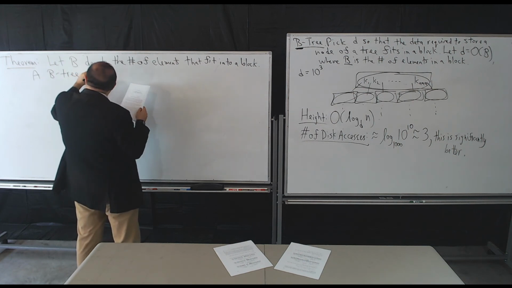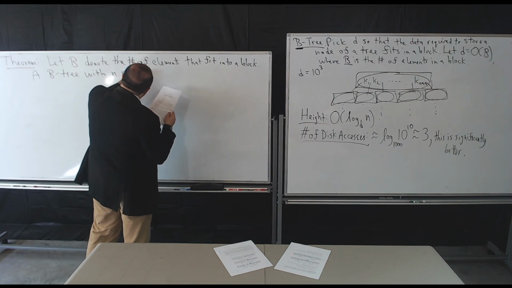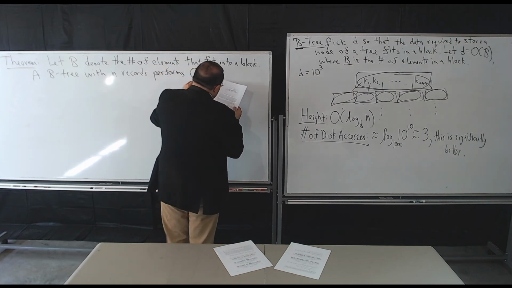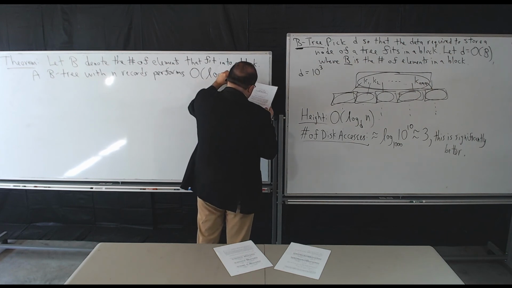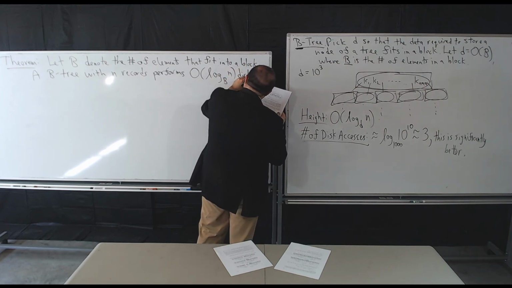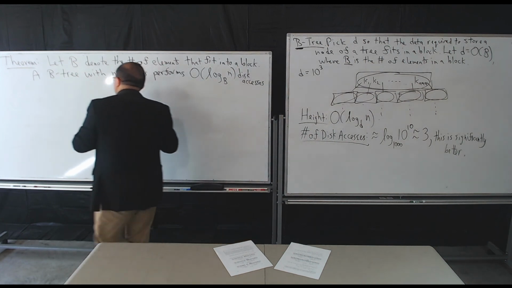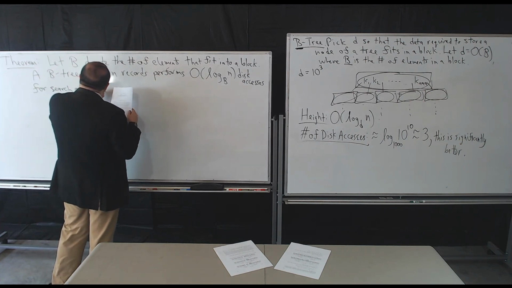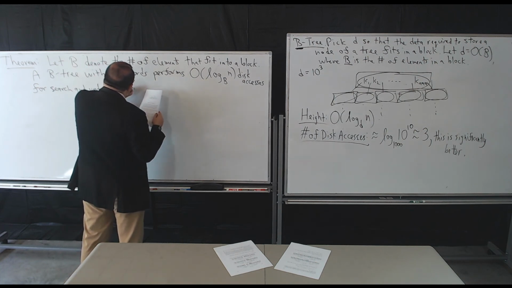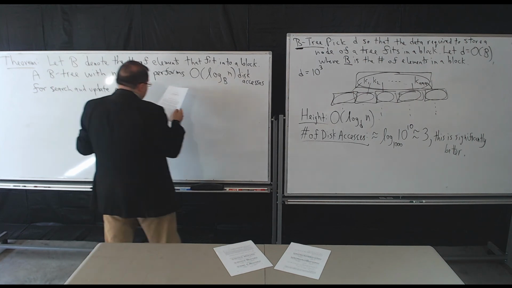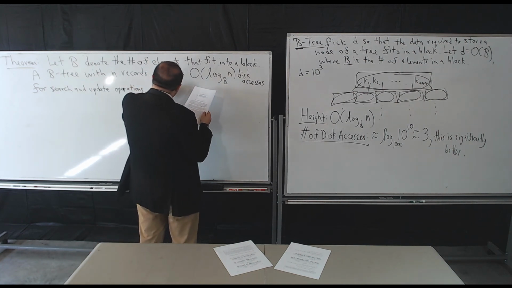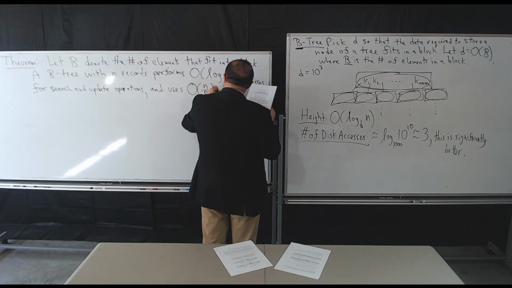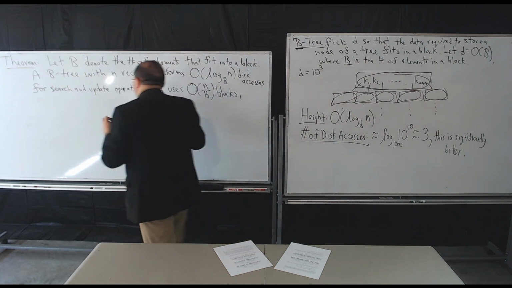A B tree with n records performs big O of log base B of n disk accesses for search and update operations, and uses, so I've got to talk a little bit about the space here, big O of n over b blocks, where b is the size of the block.